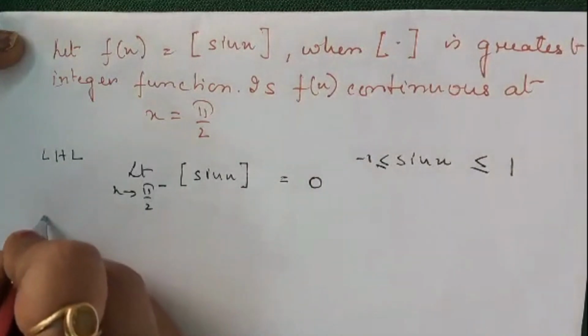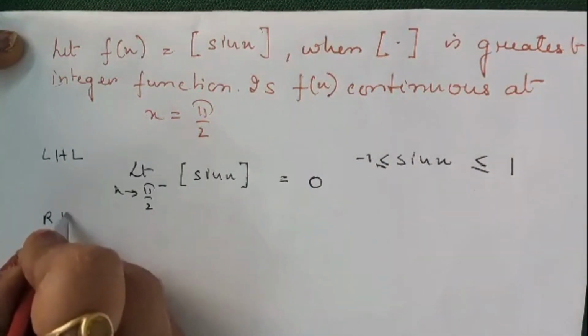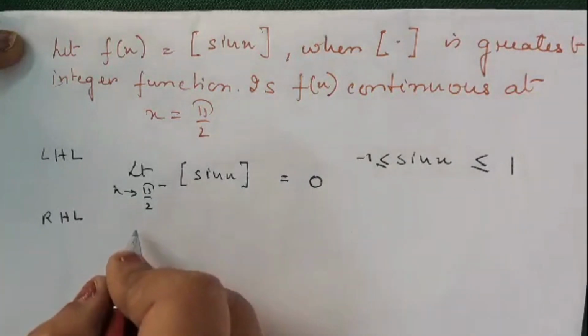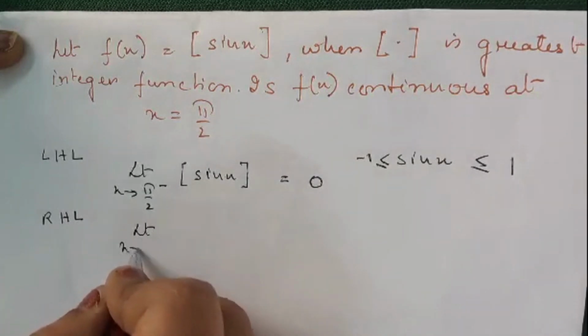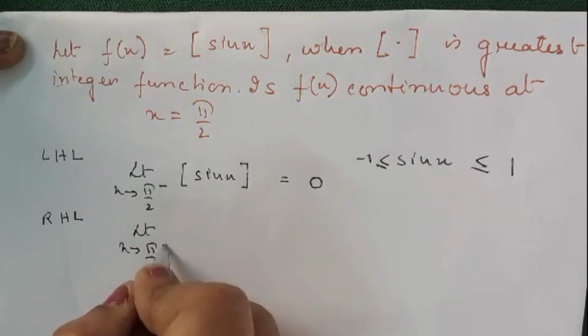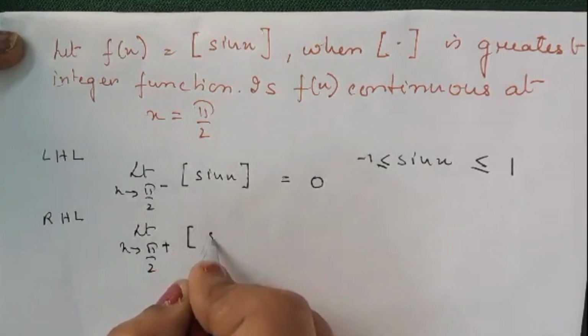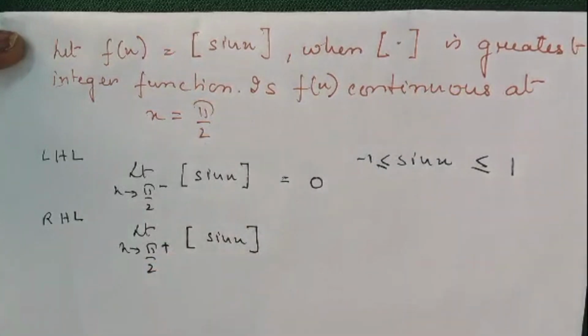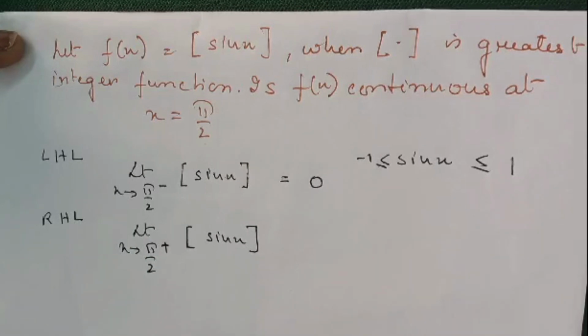And when we approach from the right hand side, that is the right hand limit, limit x tends to pi by 2 plus of box sin x, that means the value of x is slightly greater than pi by 2. Now x is lying in the second quadrant, and we know that sine in the second quadrant is positive.